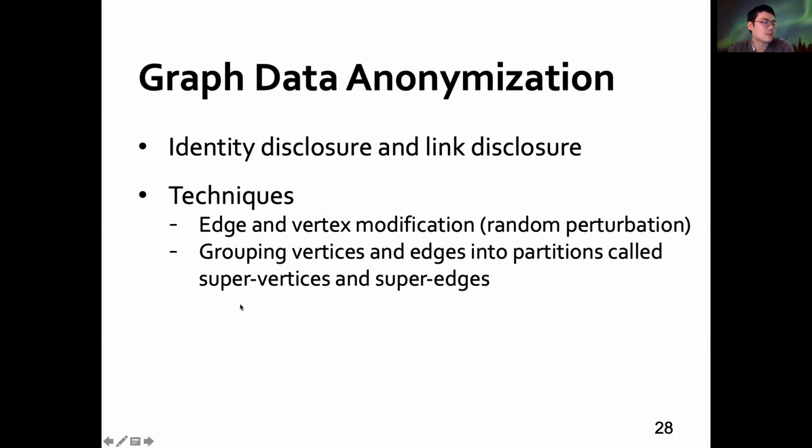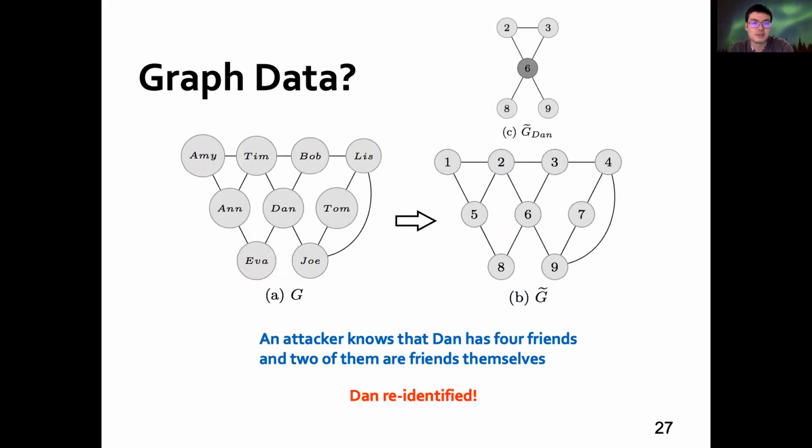The second method is to group vertices and edges into partitions called super vertices and super edges. This is called node contraction. For example, I can contract these 3 nodes into 1 node. Then 2 connects to 1, but I say this super node connects to 1, so you never know whether 2 connects to 1 or 6 connects to 1. This is called graph contraction.